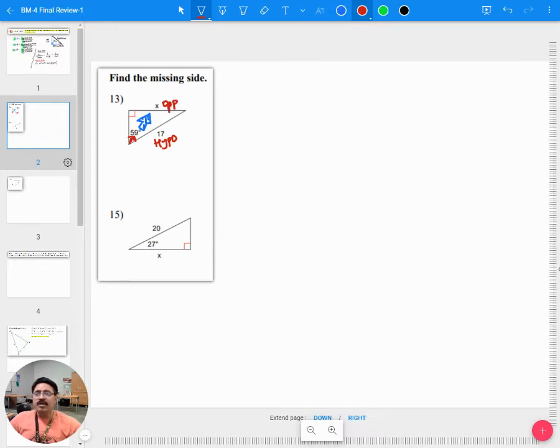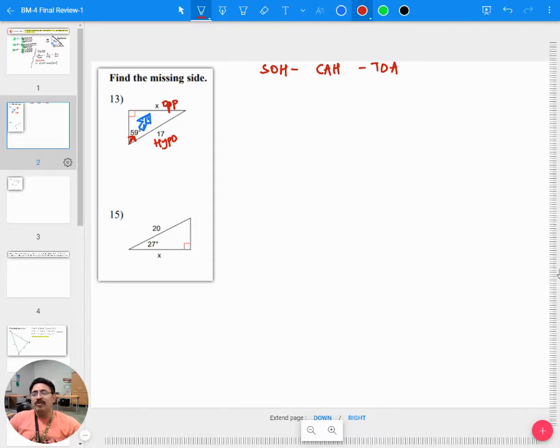Now, think of SOHCAHTOA. I strongly recommend that every time you write SOHCAHTOA. So I see here opposite and hypotenuse. Please notice that here we have been given the hypotenuse value and the opposite.